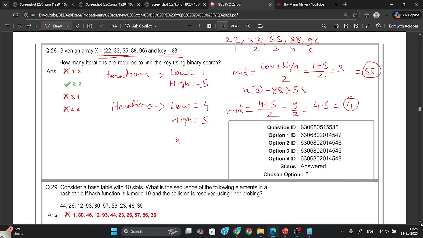Now the fourth element is 88, and the key is also 88. So now we have found the key. So it takes 2 iterations. So option B is your right answer.